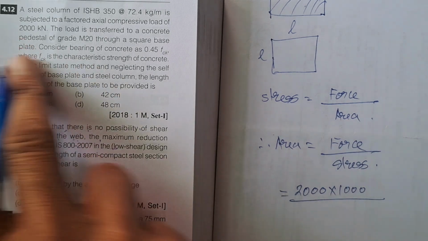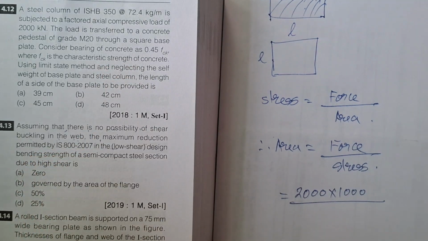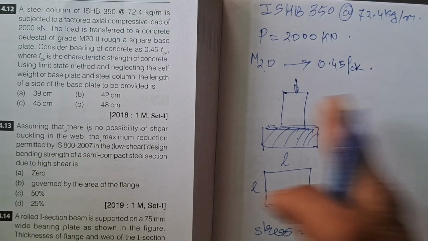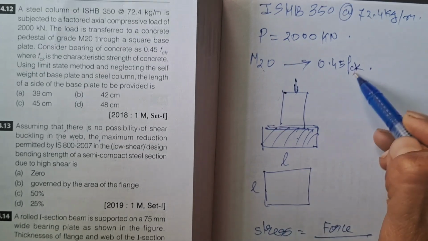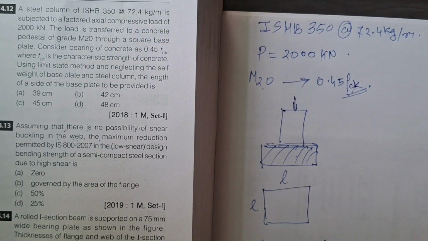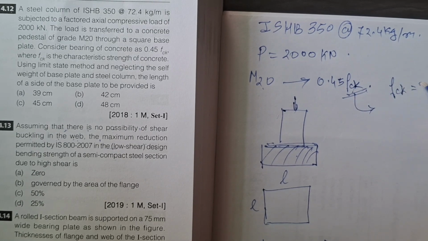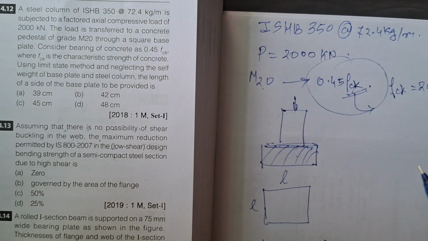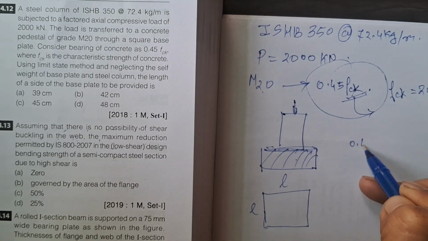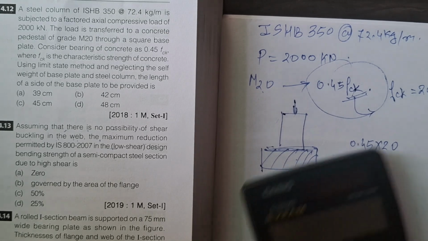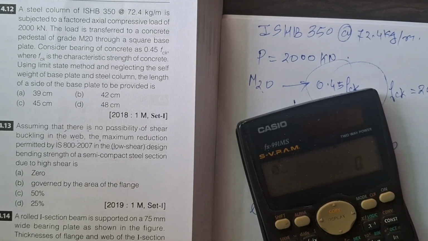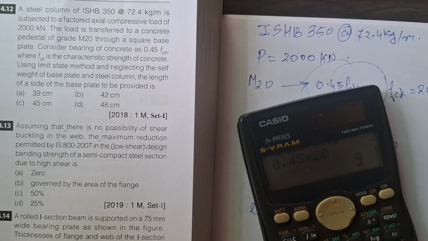Now stress they have not given directly, but they have told us that the bearing capacity is 0.45 FCK, and this FCK is the characteristic strength. So we will put the value of FCK as 20 Newton per mm square. So what will this term be? 0.45 into 20, that is 9.